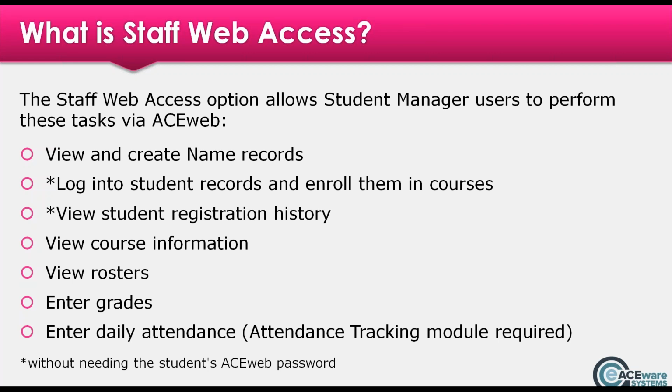So you're going to be seeing the same thing that your students see when they log into the site. However, you're not going to need their password to do that. You're going to be able to look at their student registration history, and then you're also going to get benefits of viewing course information, viewing rosters, entering grades, and attendance, which are all primarily things that instructors have been able to do for a while now on ACEweb. We're now granting those options to your staff as well.